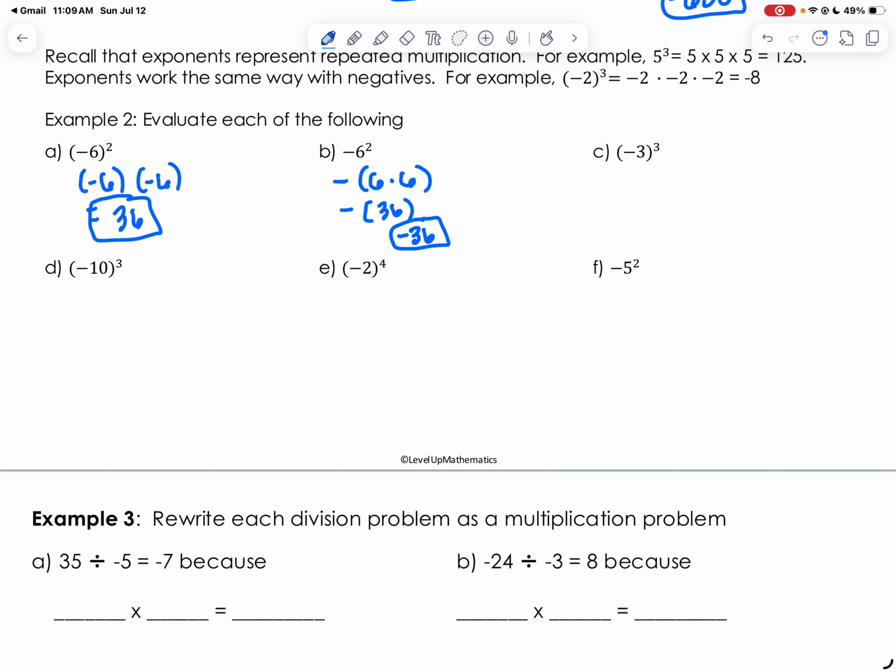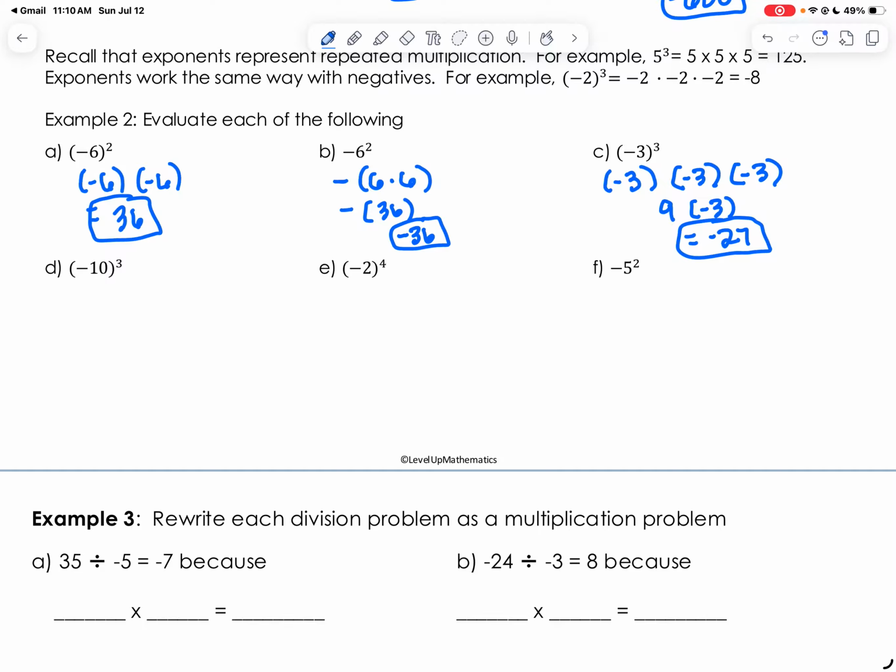All right, problem C, we have (-3) to the third power. So that's the same thing because the -3 is inside the parentheses, is -3 times -3 times -3. So this would be -3 times -3 is +9, times -3, which would be -27.